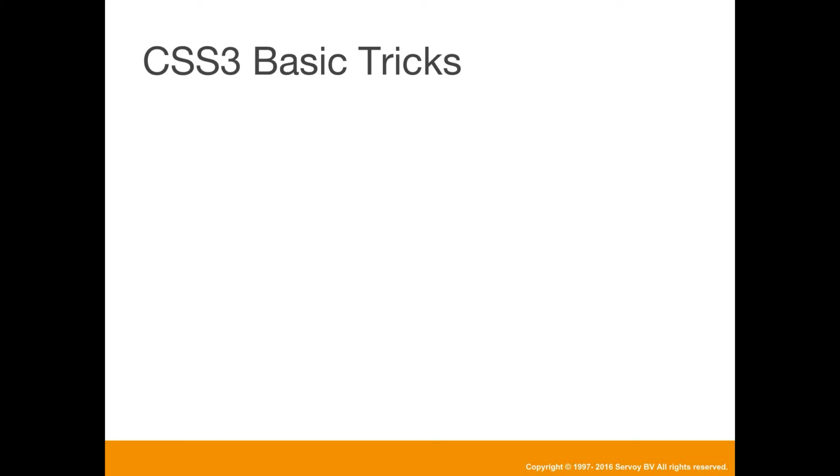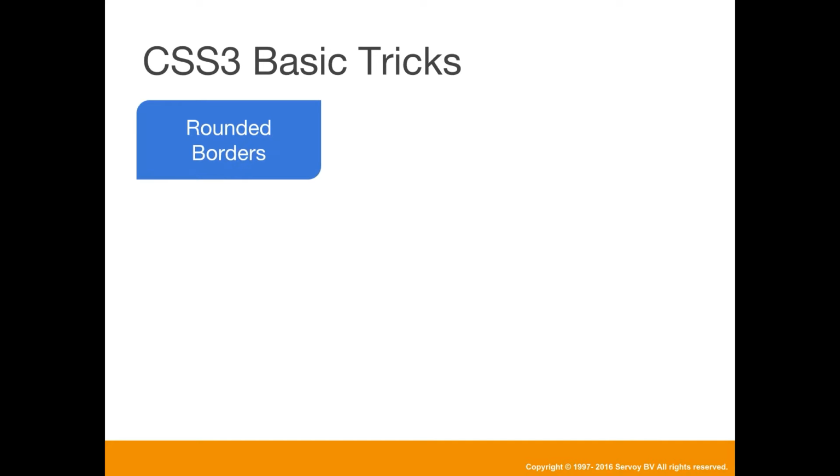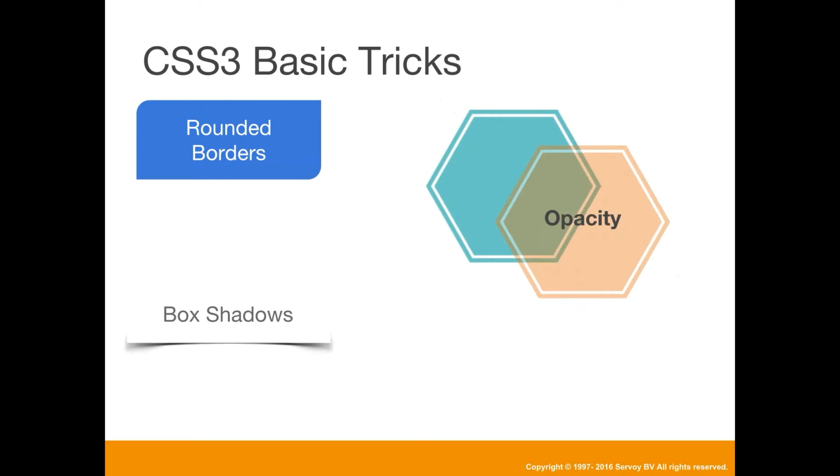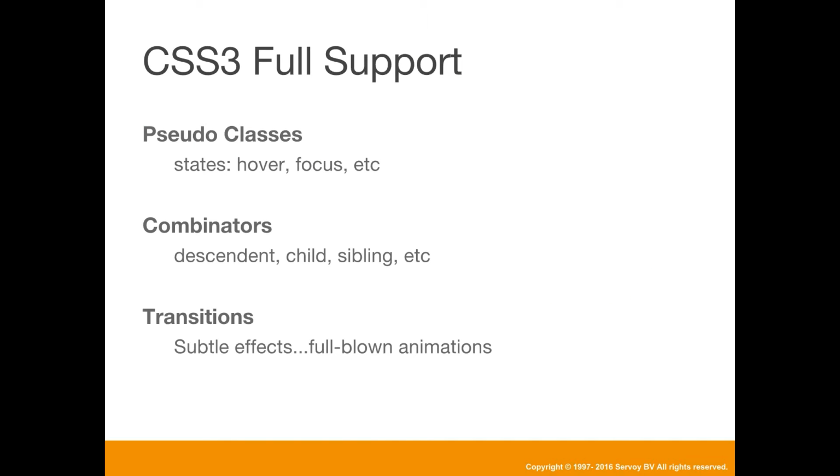Some of the basic tricks that you can do without much work, things like rounding borders. If you're coming from the classic web client, this was trickier. Box shadows, opacity, just to name a few, but there's many more. We have now support for fully supporting CSS 3, so that includes pseudo classes. This is nice for things like what happens when you hover or when a component has focus, etc. CSS combinators, which are ways of selecting, say, a child or a certain descendant of kind of element type or sibling.